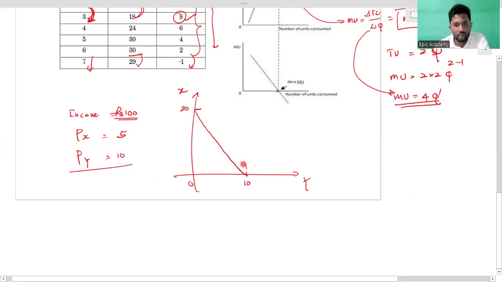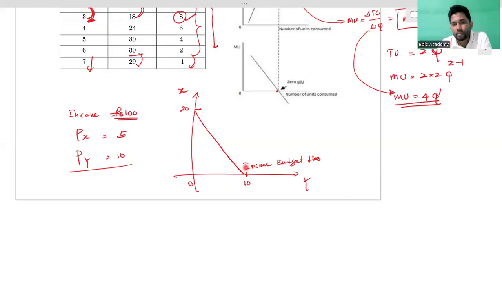This is called the income curve, income constraint, or budget line. So this line represents the maximum possible consumption ability of the consumer, right?